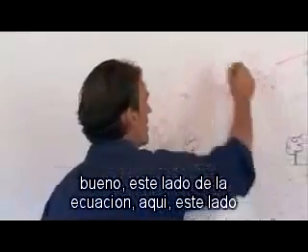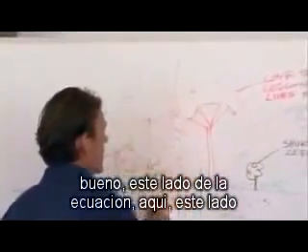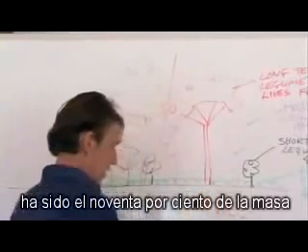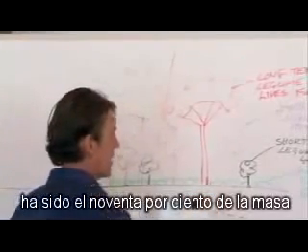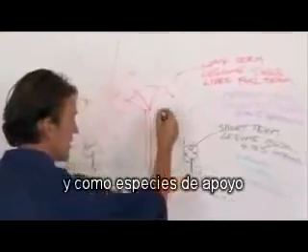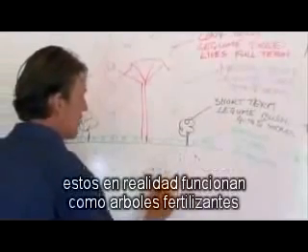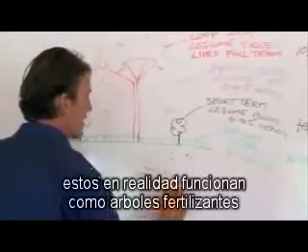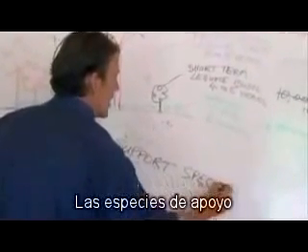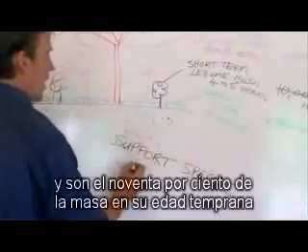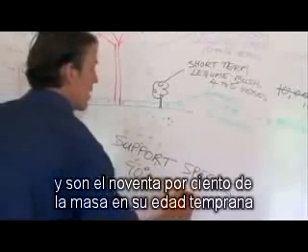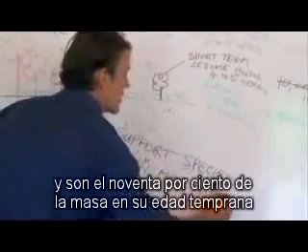Well, this side of the equation over here has been 90% of the mass support species. So our support species, these actual fertilizing trees, are 90% of the mass in the early years.